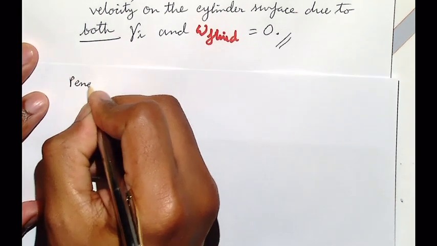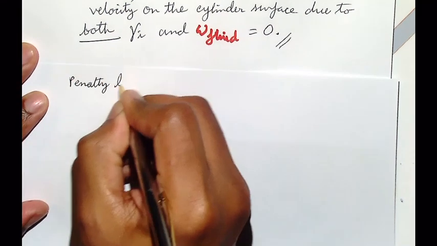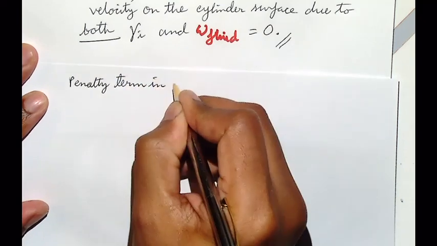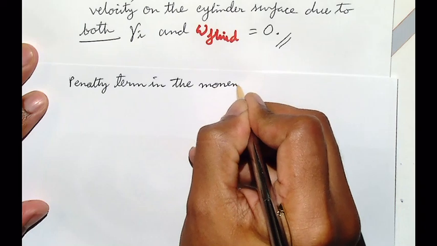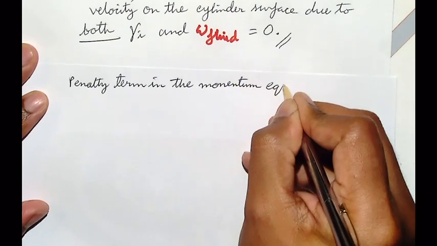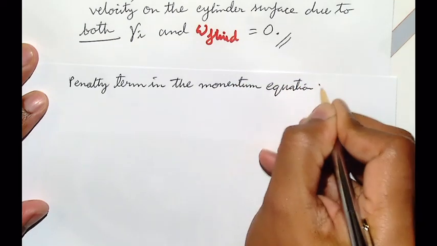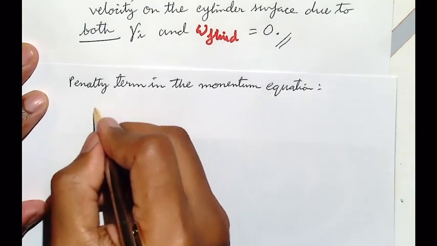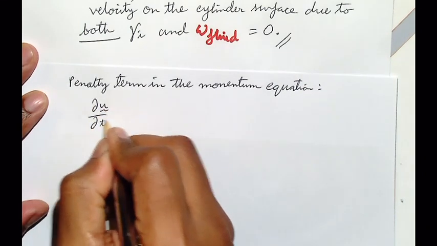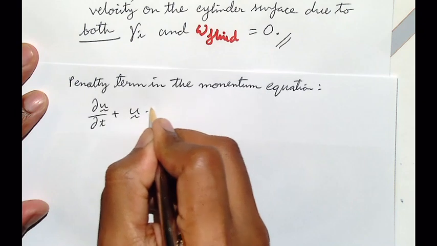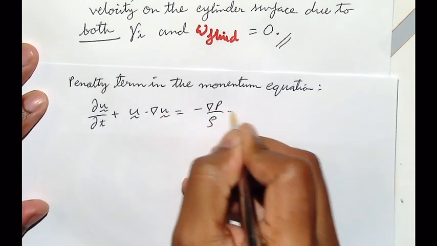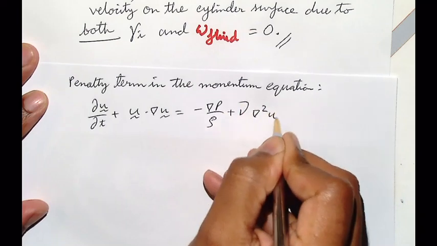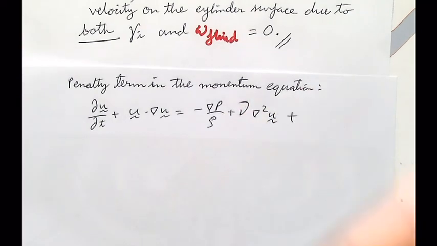A penalty term in the momentum equation. So let's see, we had du by dt plus u dot nabla u equal minus nabla p by rho plus nu nabla squared u plus some forcing term, right?